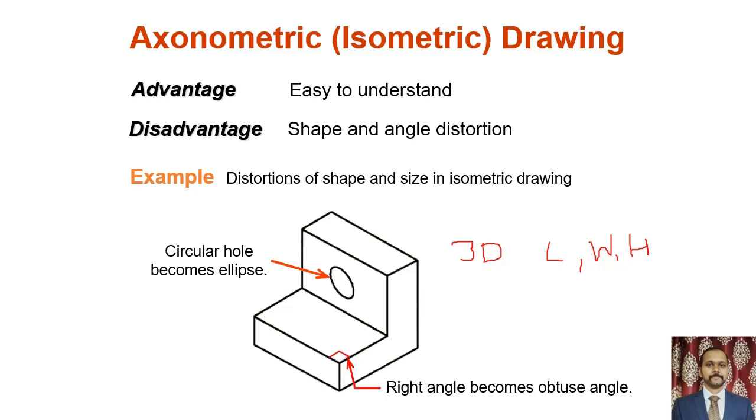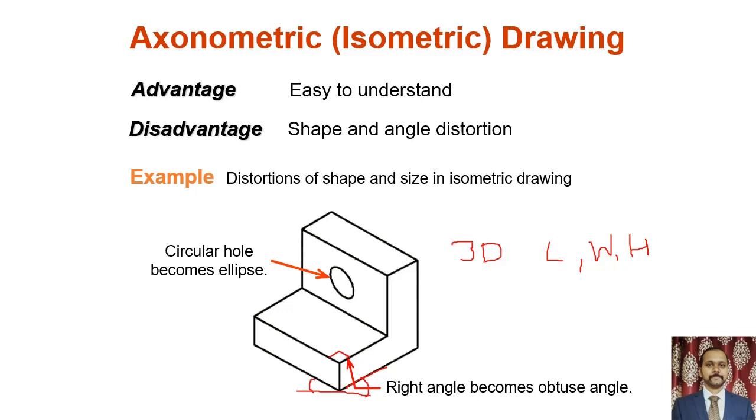The shape and angle may be distorted. That means this drawing needs some defined angle. If you draw some baseline here, and you see this line, there is some angle, right? Between this baseline and this line, there is also some angle. So when your angle gets distorted, you are unable to draw this axonometric view.